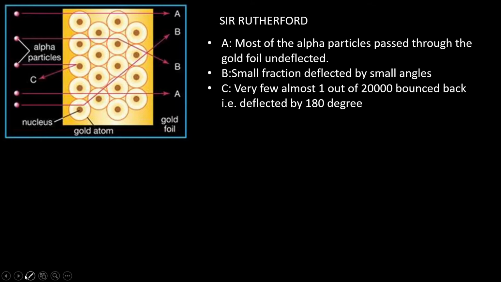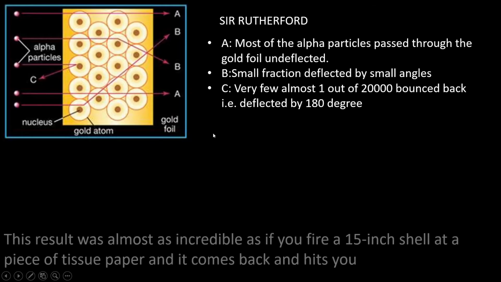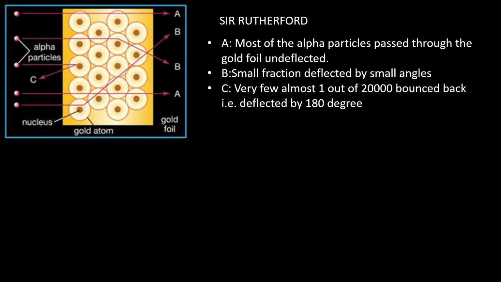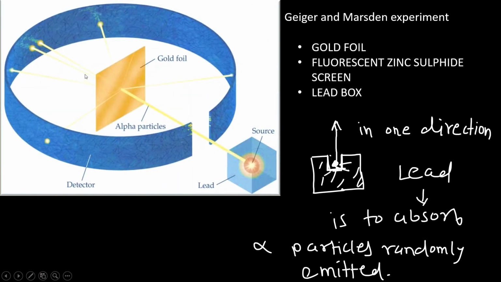Friends, when alpha particles were bombarded on the gold foil, he found that the majority of the alpha particles passed through the gold foil without any deflection, very few were deflected with small angles, and very rarely a few were deflected by more than a 90-degree angle.